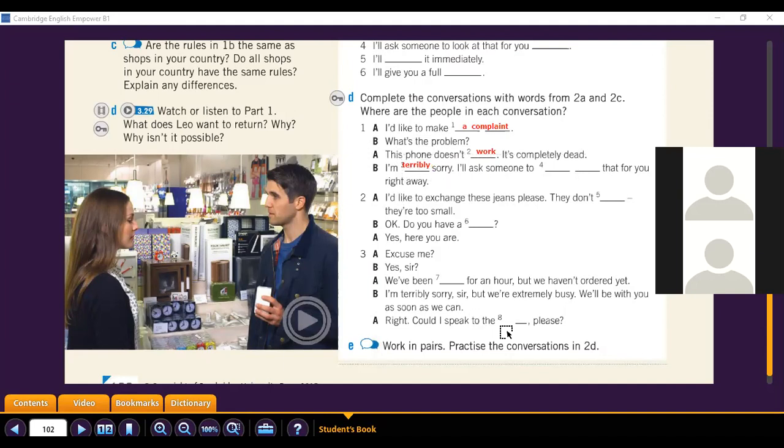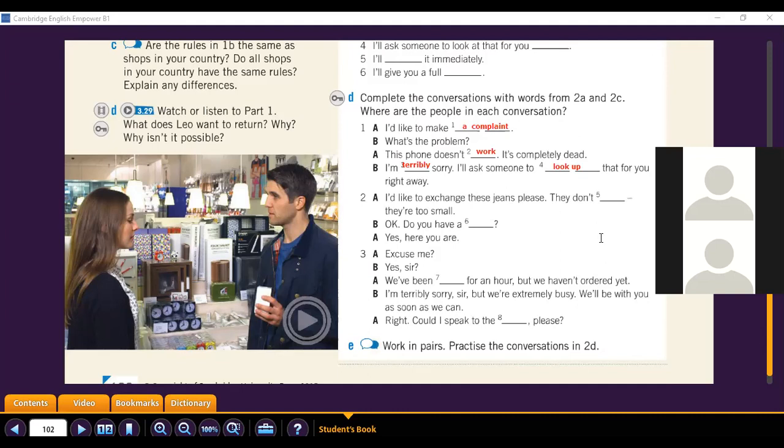I'll ask someone to look up that for you. Very good. You were paying attention. Yeah, so we have the first conversation done.